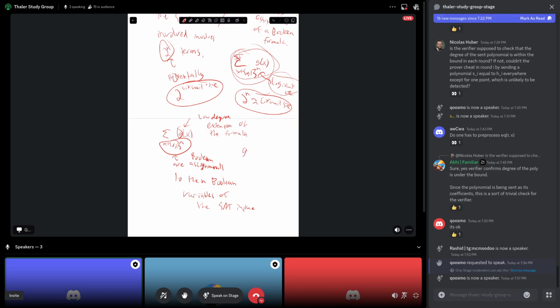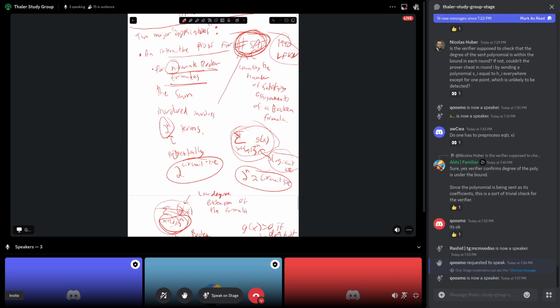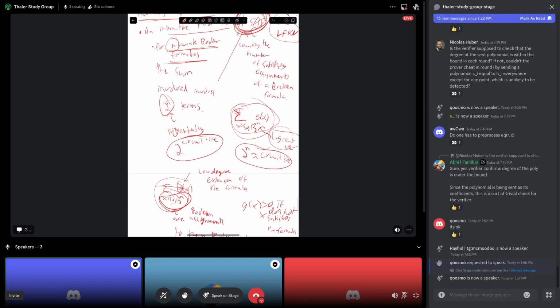So if x is Boolean, G of x equals 0 if x does not satisfy the formula, and G of x is 1 if x does satisfy. So summing over all assignments of G of x is just counting the satisfying assignments. So that was literally the first application of the protocol.